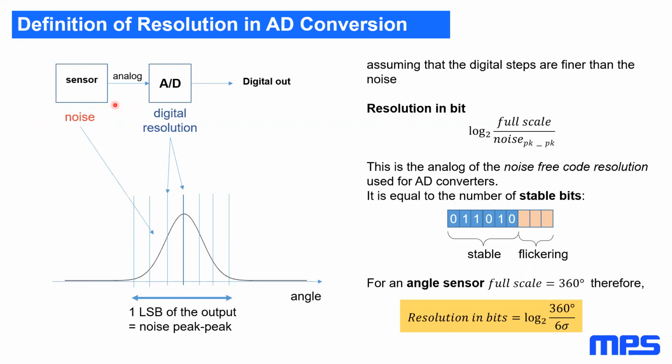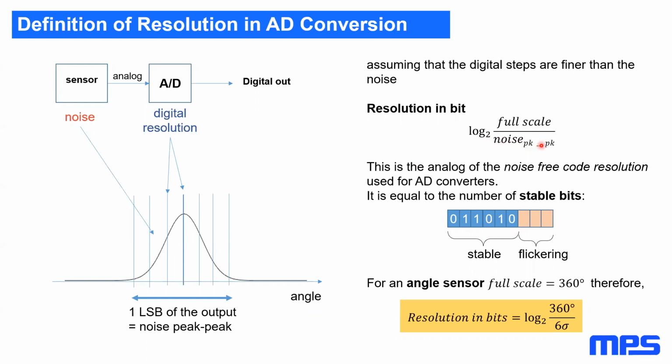We want to make sure that we capture all the bins that the sensor noise could fall into. And so if we would like to say, all right, of this whole system, what is the resolution in bits? It is the log base 2, because it's binary, of the full scale measurement, the maximum measurement that you can make, divided by the peak to peak noise.